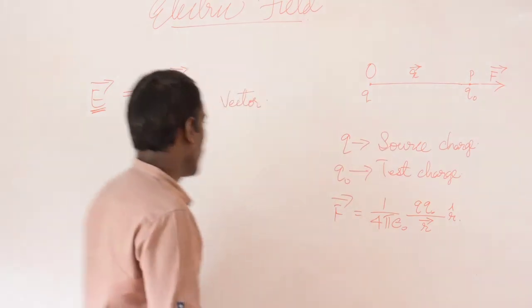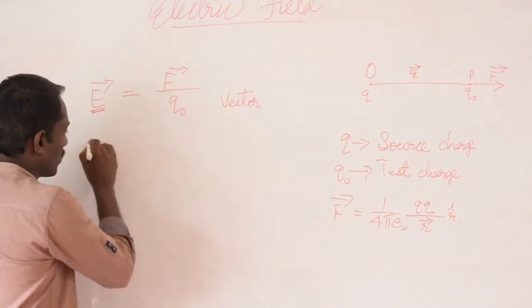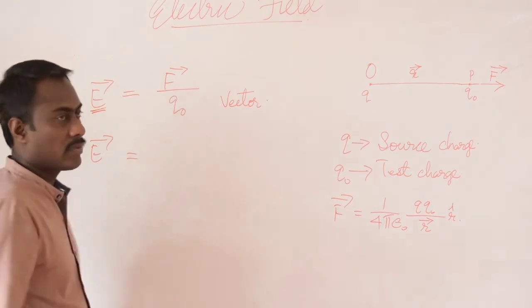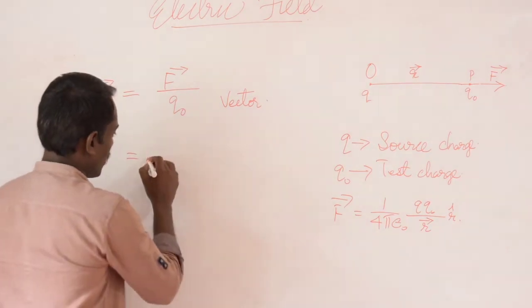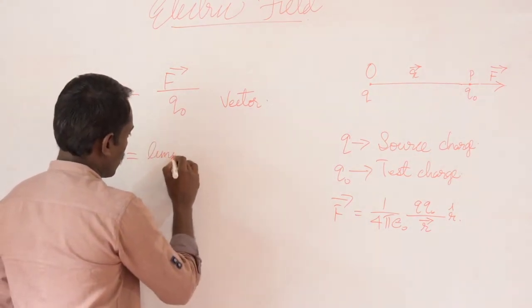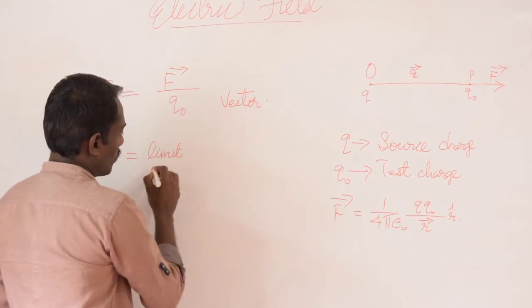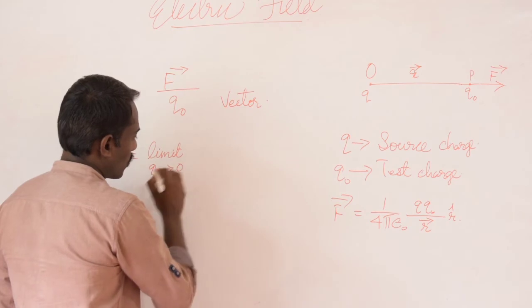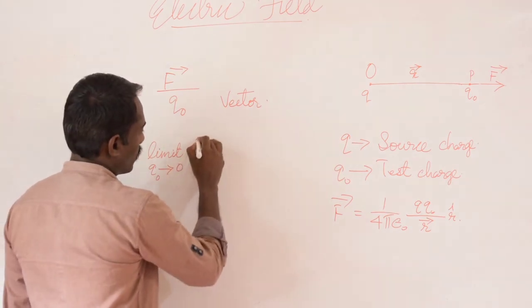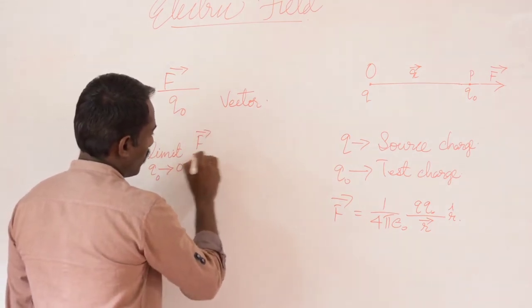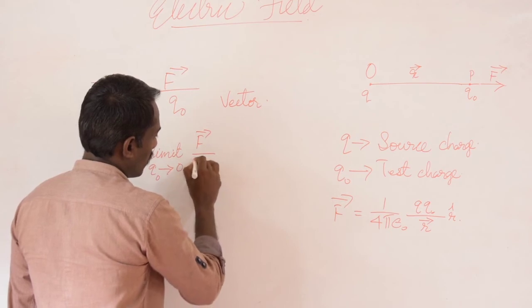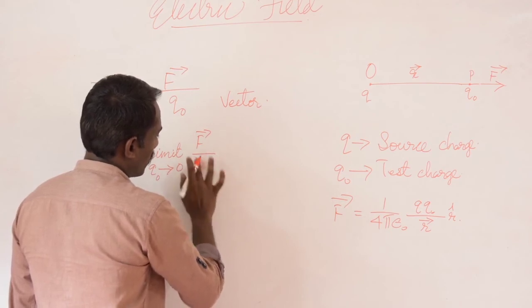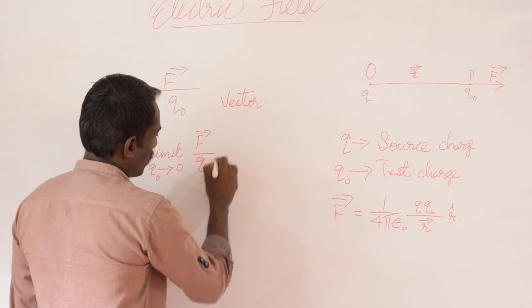So then the electric field can be redefined as E is equal to, with a limit as the test charge Q0 tends to 0, F divided by Q0.